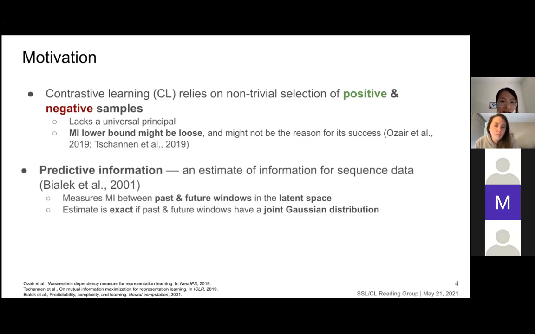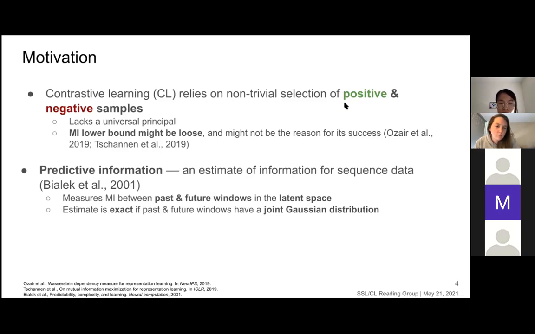All right, and there's one quantity called predictive information. It is an estimate of information for sequence data. This predictive information, or PI, was proposed in 2001 in this paper, and it measures the MI between past and future windows in the latent space.